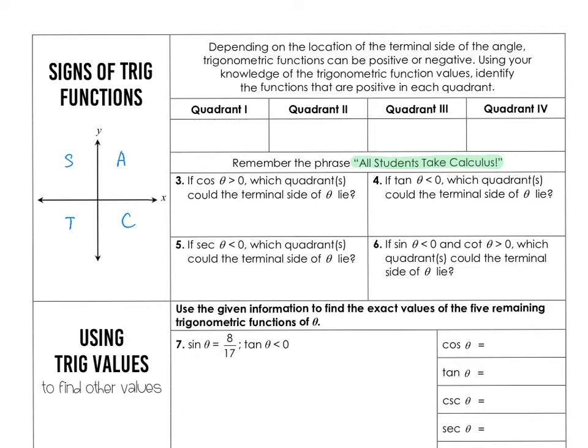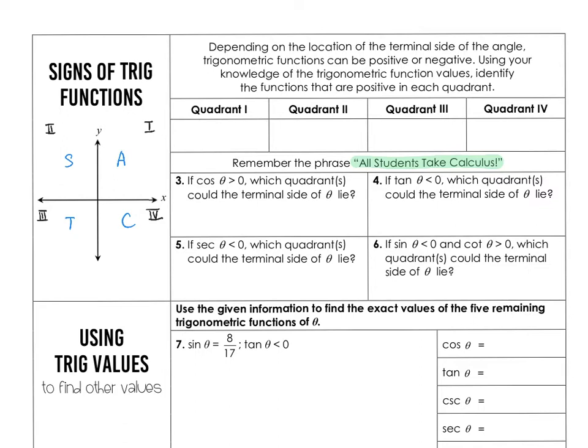All students take calculus. Also remember, we call this first quadrant, second quadrant, third quadrant, and fourth quadrant. I don't know why we go counterclockwise, and I don't know why we always use Roman numerals, but it makes us look smarter, so why not?